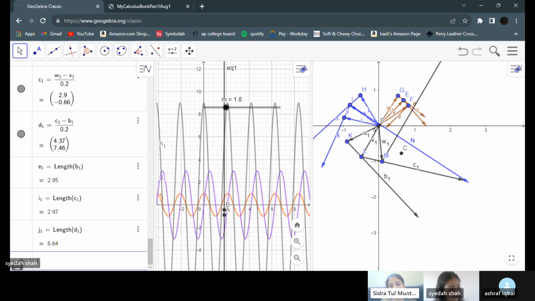So from the exercise we did today, we come to know that if we are moving in a circle and we increase the frequency, we are actually increasing the velocity.